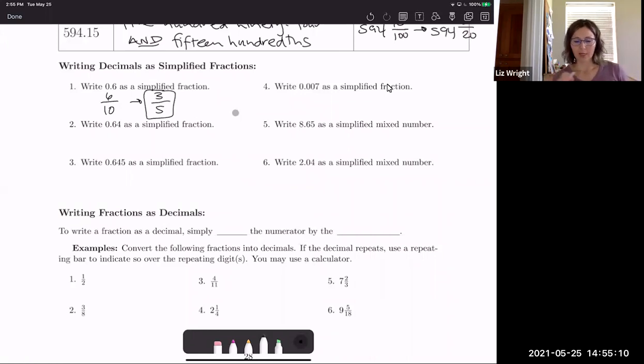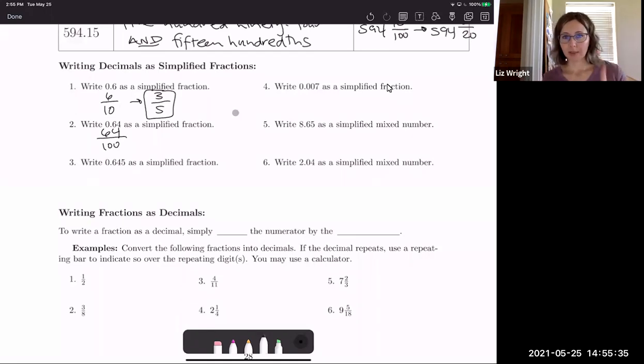And so the next one, write 0.64 as a simplified fraction. So it would be 64/100. And if I was you, pause this video. Normally, if we were doing this in class, I would have you do this all, and then I would check your answers as I walk around the classroom.